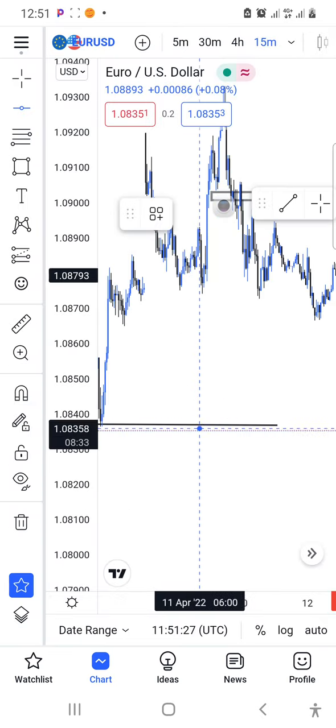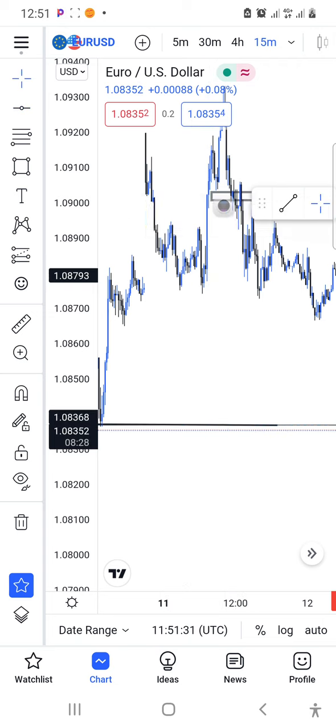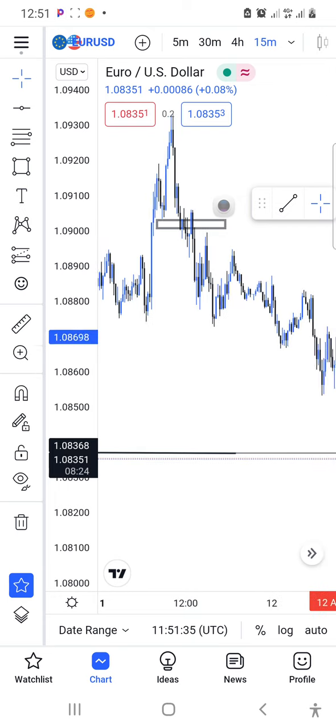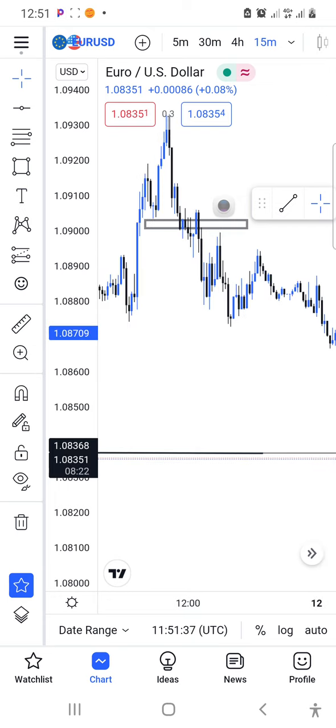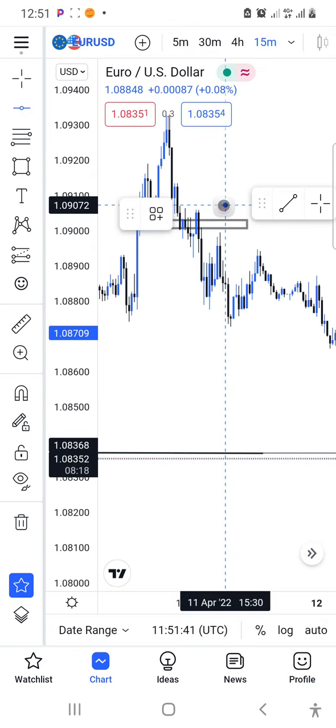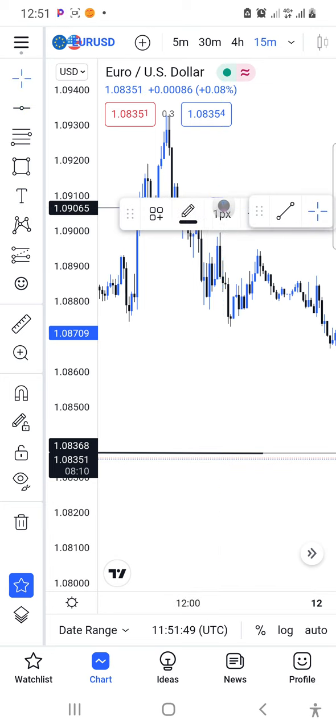Like I told you already, that place has not happened yet. So this point here is my first take profit, and I already know that this is where I want to sell the price. So my stop loss is above this point here, just slightly above this place.